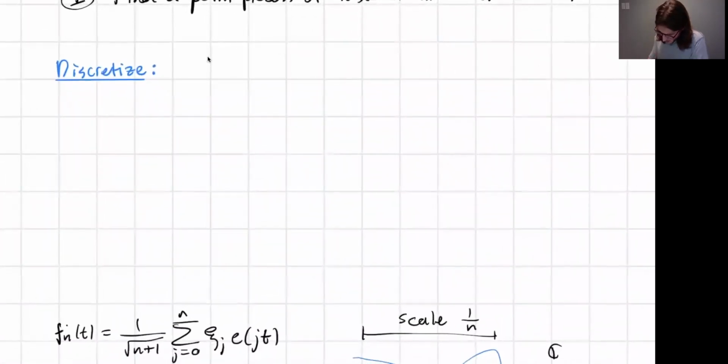Okay, so our first step is to discretize. We're not going to look at the function on the continuum minus pi to pi. We have to discretize. So we'll look at the polynomial f_n, recall this trigonometric polynomial, on a discrete set.